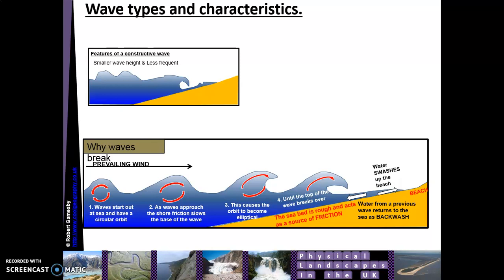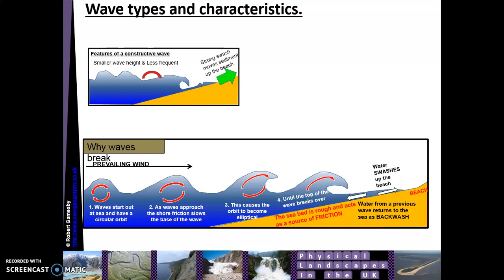Construction, so to create. So a constructive wave is creating something. These waves have a small wave height. They're not as frequent, so the wavelength is a really long wavelength compared to the other type of wave we're going to look at. And so it constructs beaches.